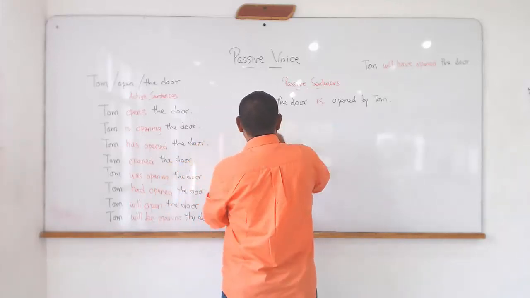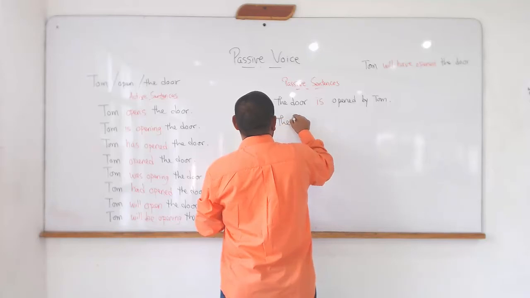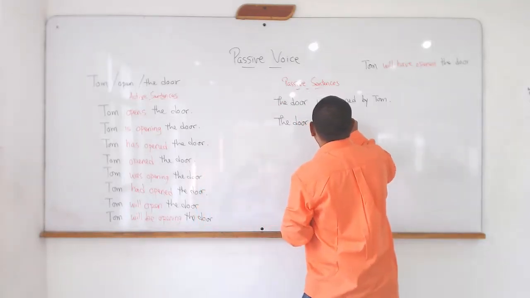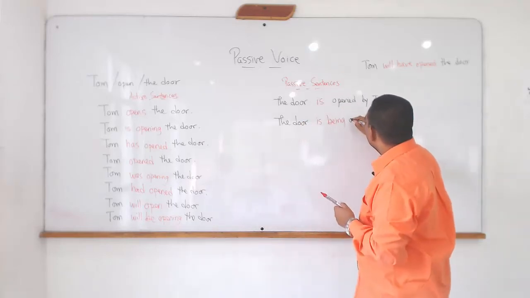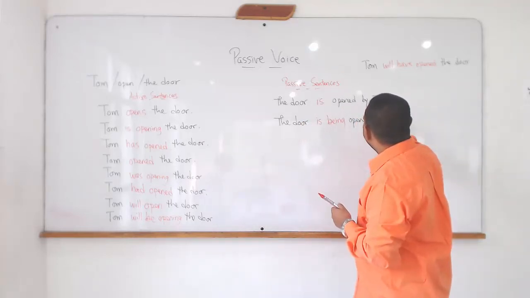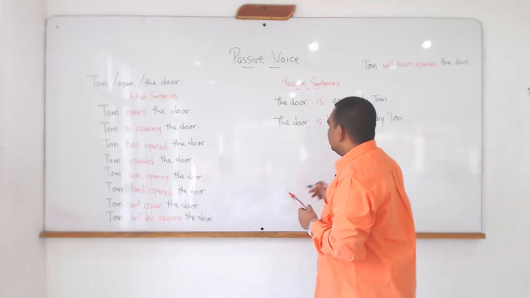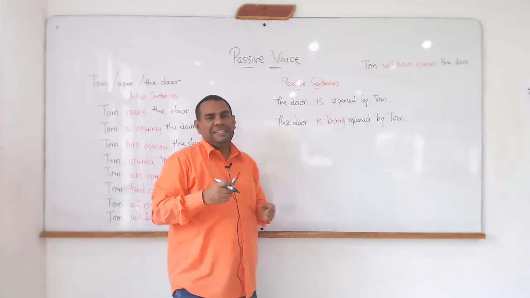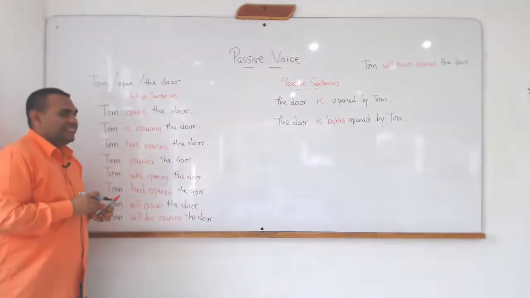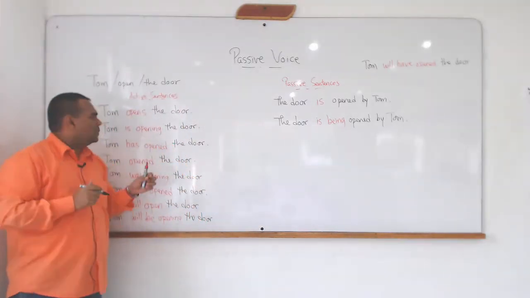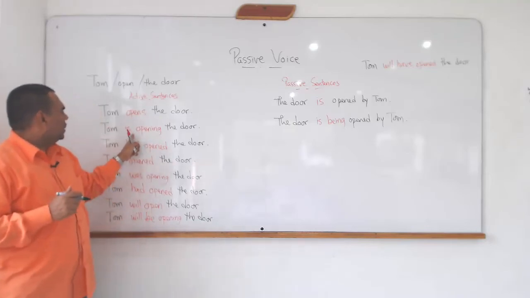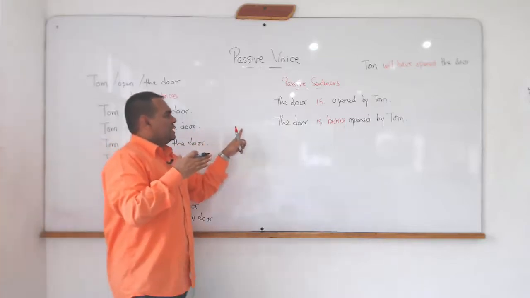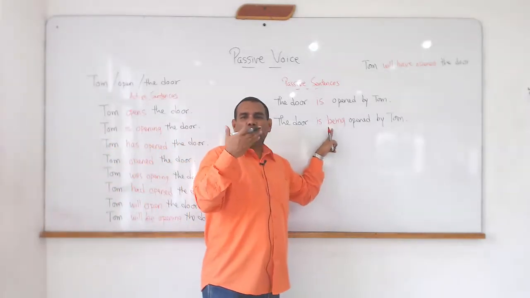So we say, the door is being opened by Tom. The door is being opened by Tom. Okay? Look at the two central and essential components, the ones in red: one is in the verb itself, and the other is in the verb to be.